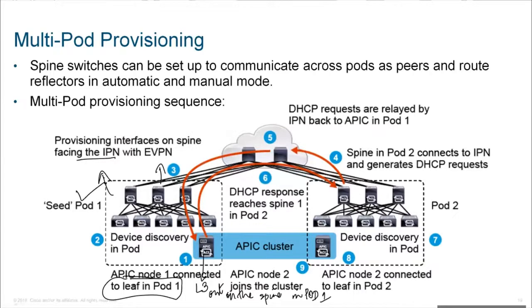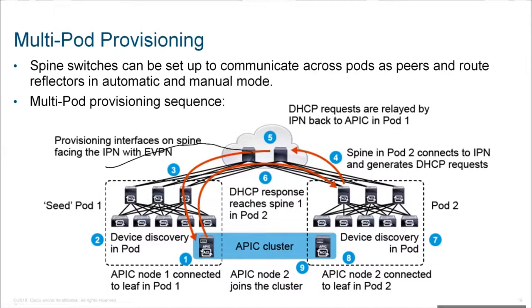That's why it says provision the interfaces on the spine facing the IPN. So that's what the option number 3 is. So basically, this part of it is taken care of.